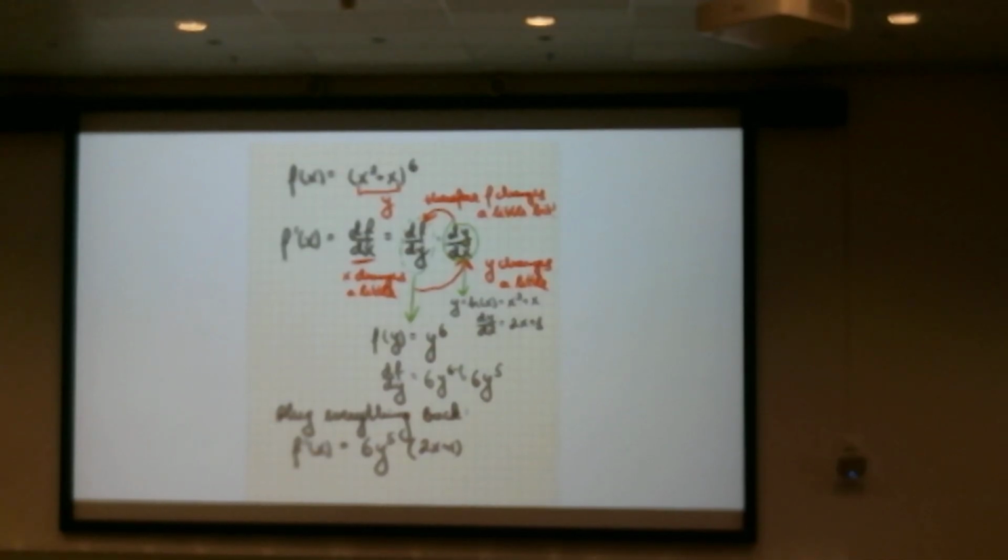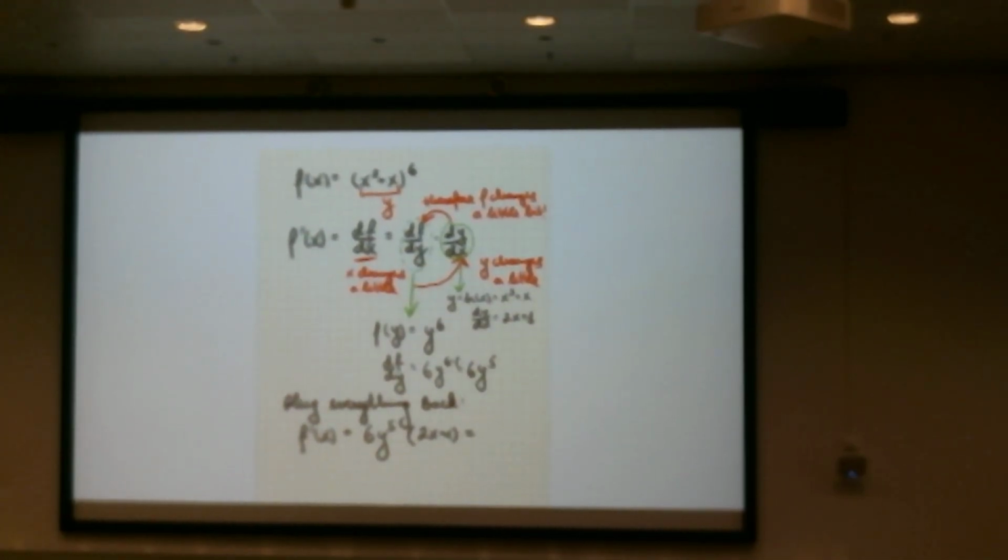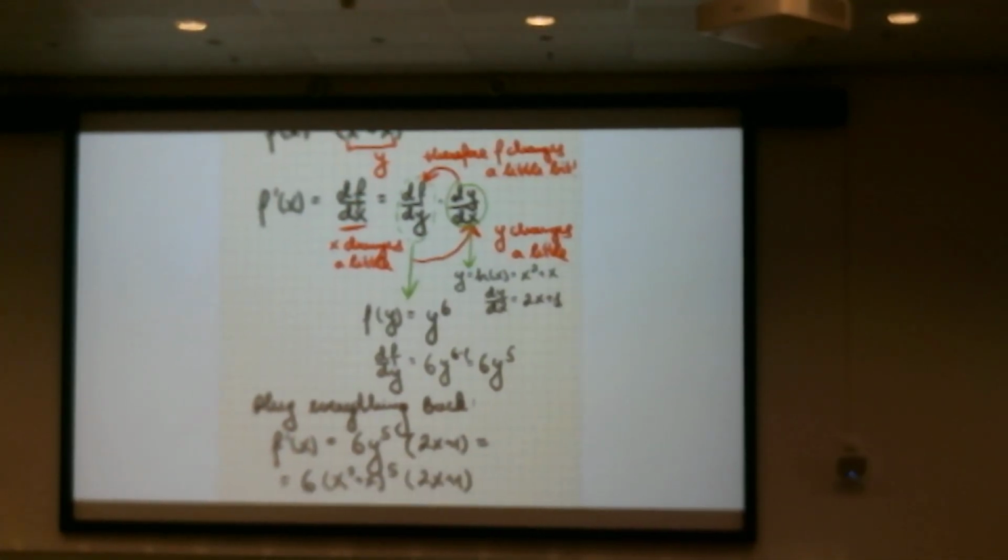And in the final step, we just remember that what we called y was equal to x squared plus x. So we just bring it back, because after all, everything needs to be in terms of x. That's the variable of interest. So all of this is equal to 6 times x squared plus x to the power of 5 times 2x plus 1. So this is the full derivative.